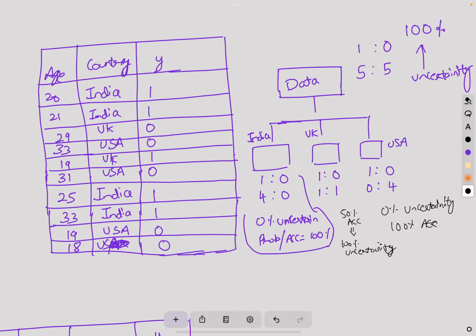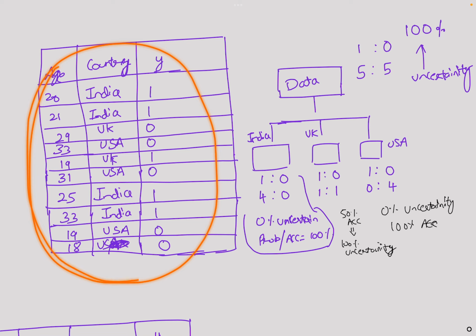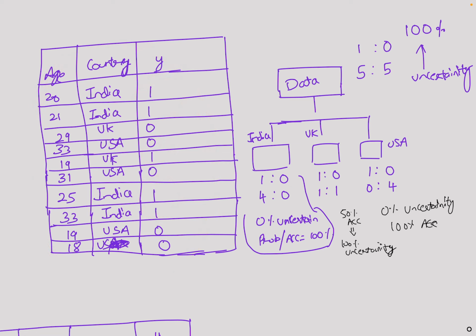But if you observe here, initially when I was doing the classification by looking at the entire data, I observed that in my entire data I have 50% of the records belong to class 1, 50% of the records belong to class 0. So accuracy is 50%.